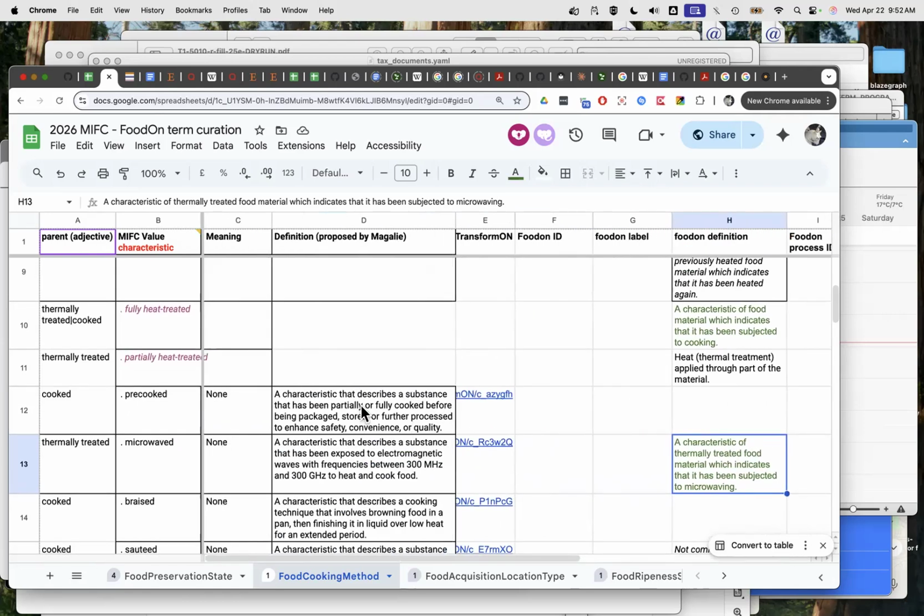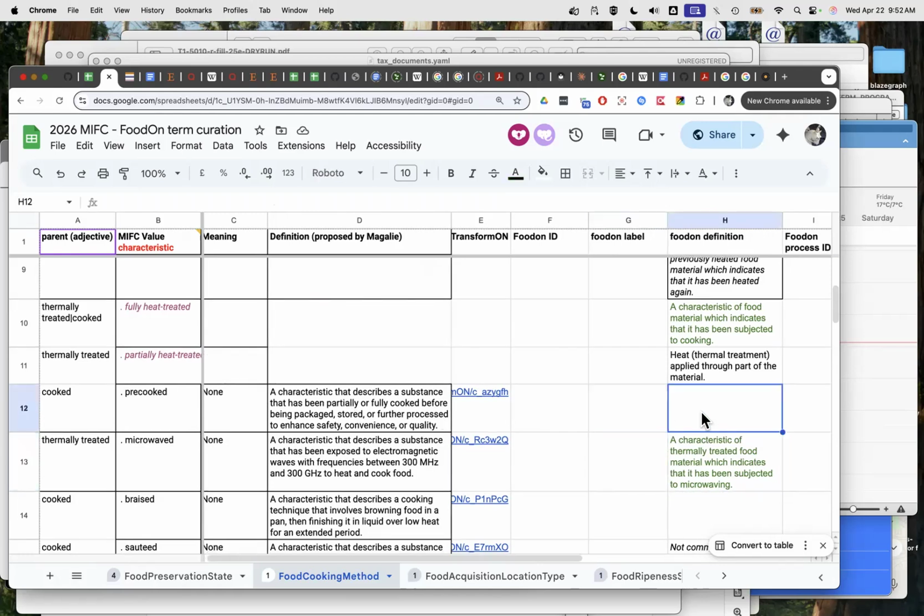And then pre-cooked is kind of a funny one. It means that when you buy it, it's already cooked. And I don't think there's a process for that. So this might be a case where there is no process, which indicates that it has previously been subject to cooking.